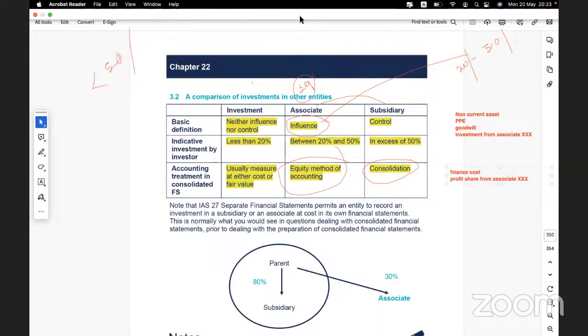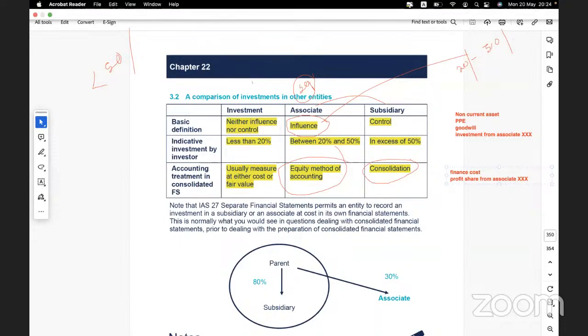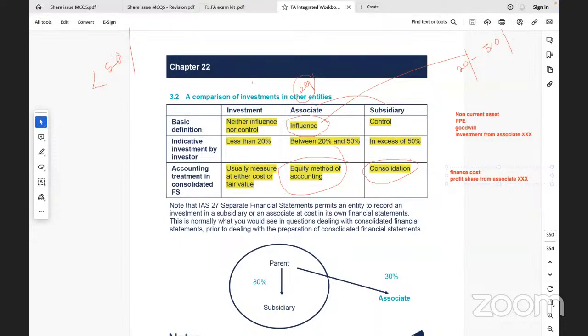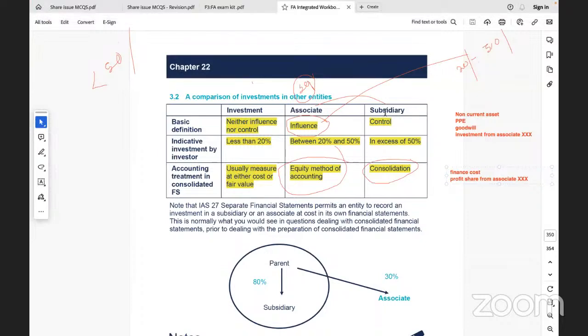So this is what you need to learn when it comes to an associate. Associate means we have influence. That means you can tell your recommendations, but final call is not yours. Percentage is 20 to 50. Method of accounting is equity method, meaning you take the investment at your post-acquisition result. In other words, you're not adding their assets and liabilities, income and expenses like how we do for a subsidiary.